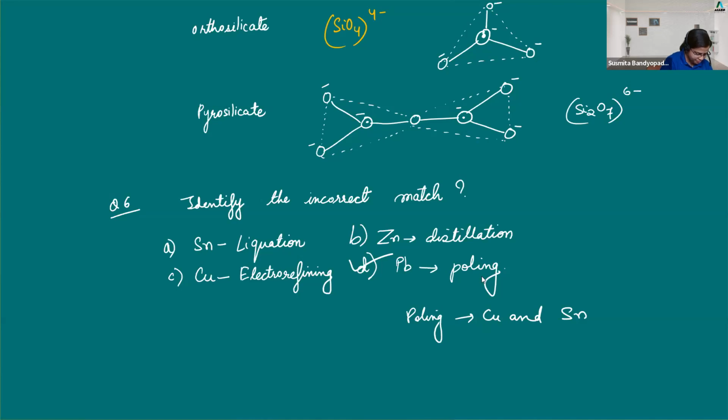Okay. Easy one. No, no. Okay. One more and then we can slowly go to d and f block elements.